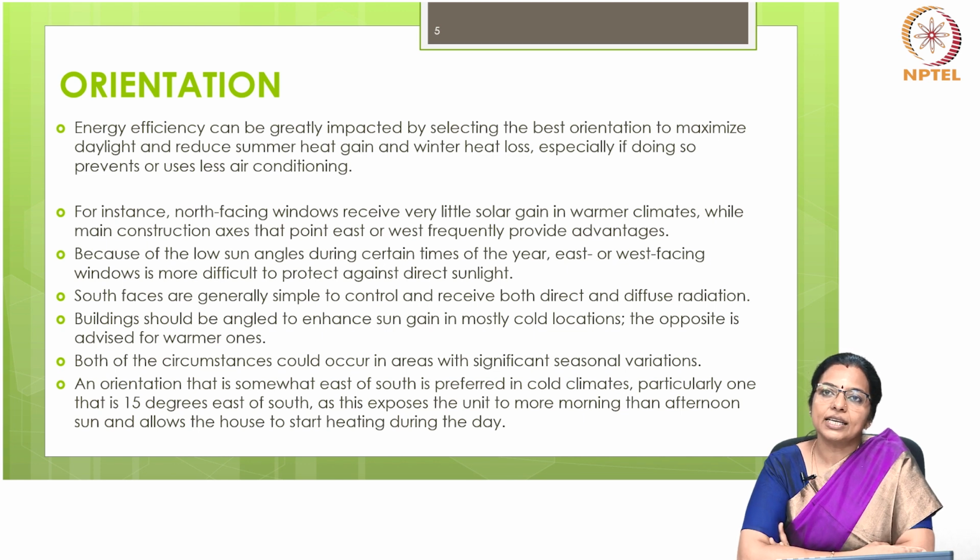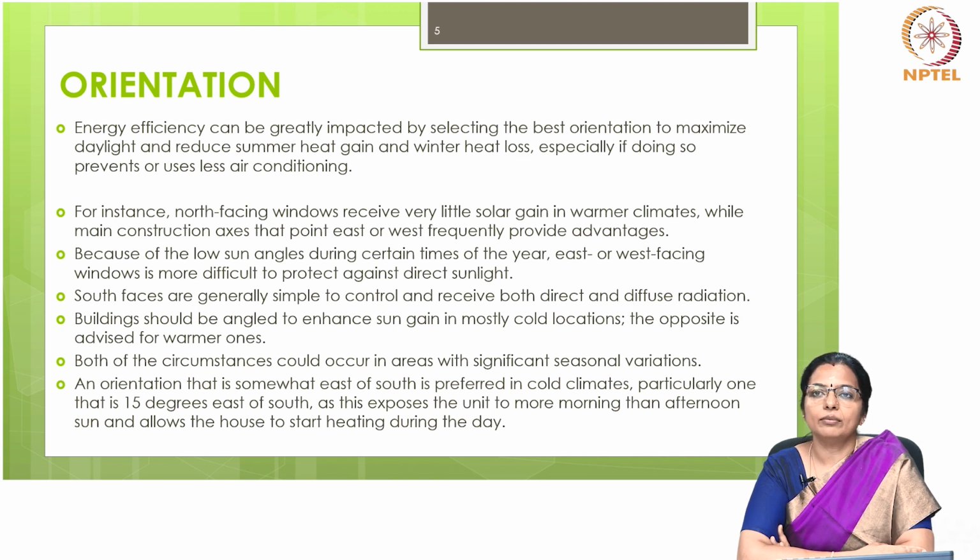Energy efficiency can be greatly impacted by selecting the best orientation to maximize daylight and reduce summer heat gain and winter heat loss, especially if doing so prevents or uses less air conditioning.